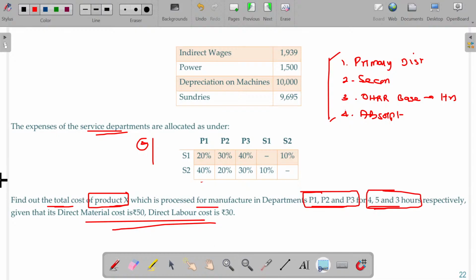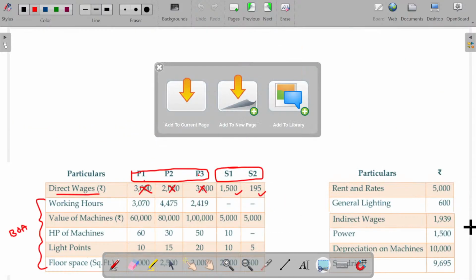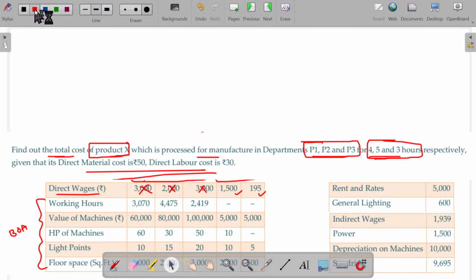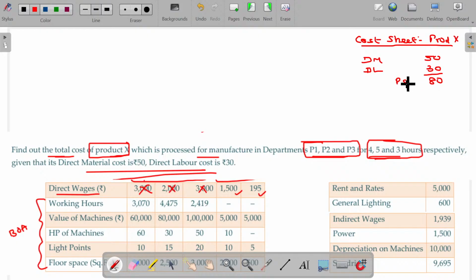For your better understanding, I'll take this first for a reverse calculation. I am supposed to prepare the cost sheet for product X. Direct material cost being 50, direct labor being 30, 80 being the prime cost.